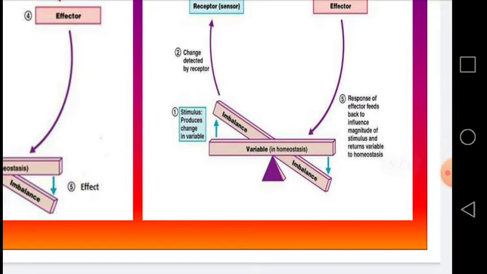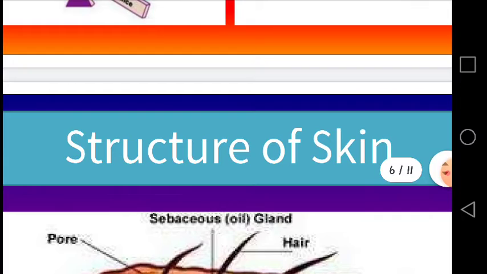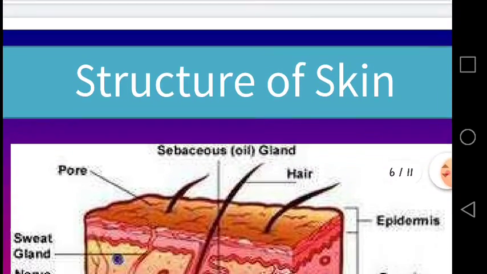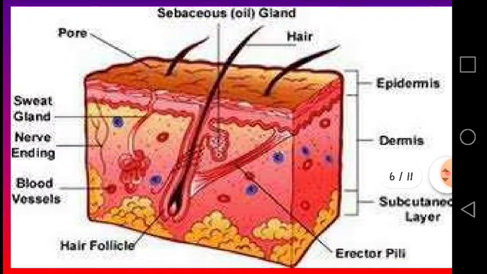After having this concept of negative feedback, now we are moving towards the structure of the skin. We are going to understand the structure of the skin. For this purpose, I have selected this diagram for you. Dear students, the skin is basically the outermost surface around our body, forming a boundary between the surroundings and the internal environment.